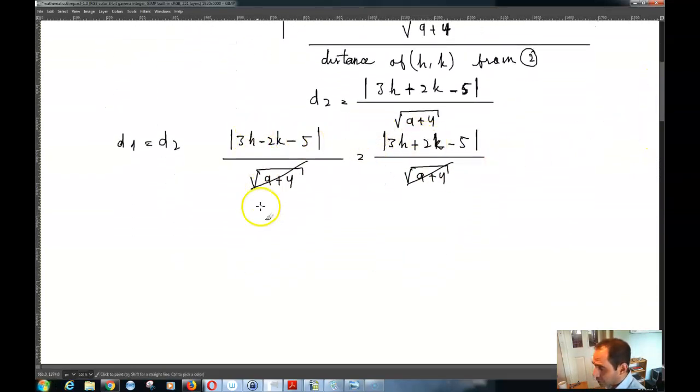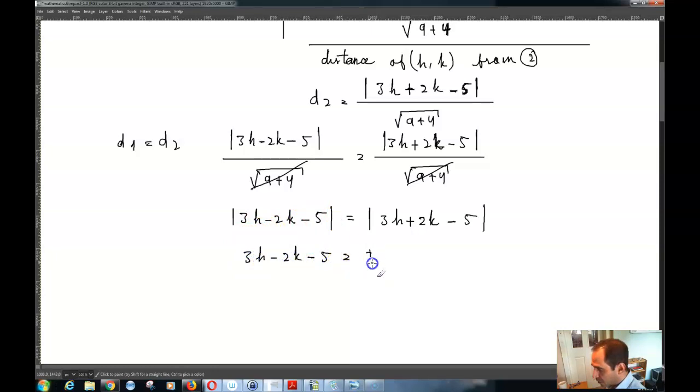So you have this absolute value equation, which is the absolute value of 3h minus 2k minus 5 is equal to the absolute value of 3h plus 2k minus 5. And so you can write this as 3h minus 2k minus 5 is equal to plus or minus 3h plus 2k minus 5.